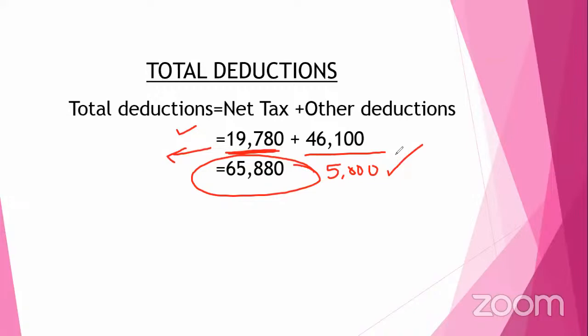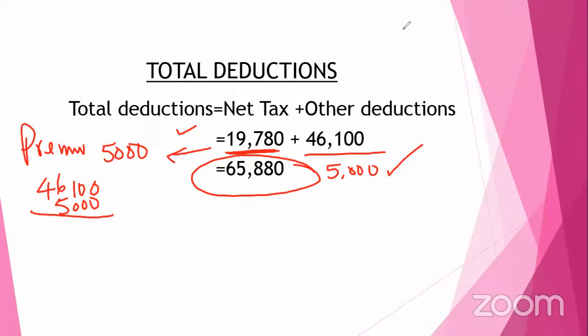I said, if there was a premium of 5,000, now our deduction would be 46,100 plus 5,000, so 51,100. But because this premium is something I introduced along the way, it is not part of what we are working out.